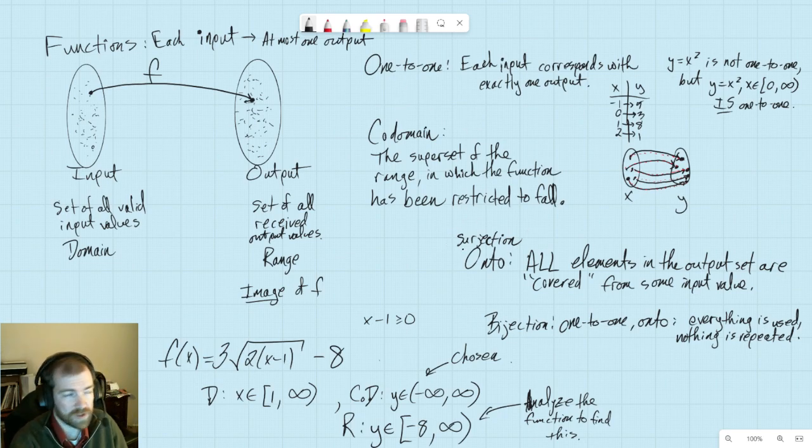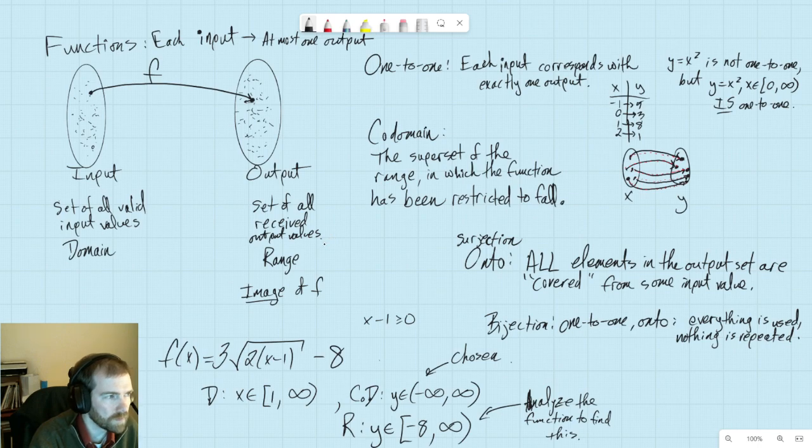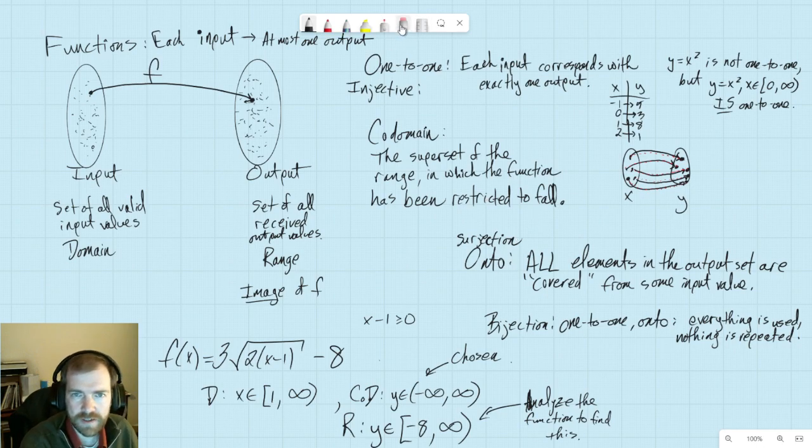So you could have a surjection that has repetition. So y equals x squared, for example. Just unrestricted y equals x squared is perfectly fine for an onto. For positive real numbers or non-negative real numbers. Yeah. Yep. One-to-one just means that you can't have any repetition at all. Injection. Injective, surjective.